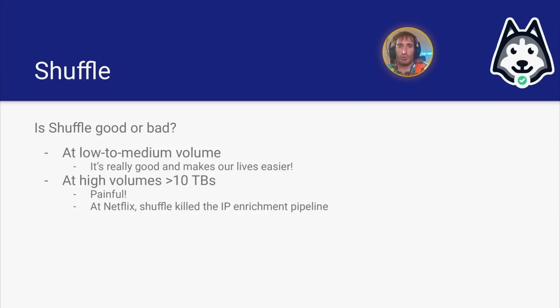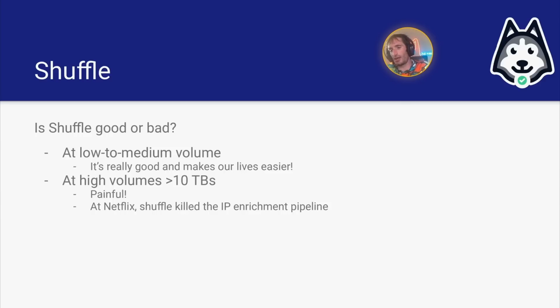It was every network request that Netflix received, and we wanted to join that data set with a data set that mapped that network request's IP to a microservice app. Netflix has thousands of microservices inside of its architecture, and we wanted to figure out where this request was coming from and where it was going, just so we could see which app is talking to which app. That was the whole idea behind this pipeline.